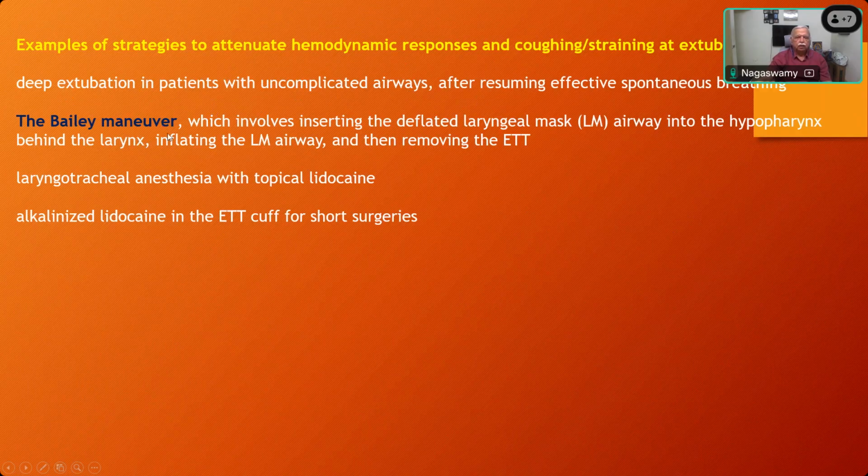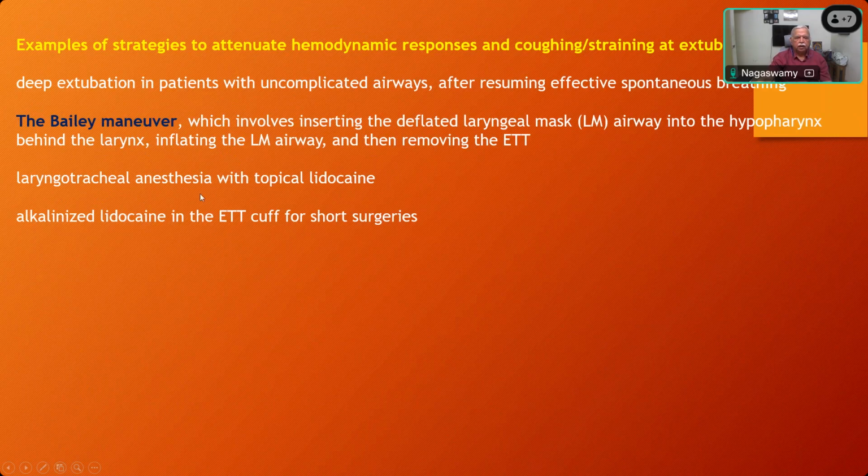And Bailey maneuver, which involves inserting a deflated laryngeal mask airway behind the endotracheal tube, and then you remove the endotracheal tube, inflate the laryngeal mask airway so that you can avoid coughing and bucking. This is mainly for neurosurgical patients where you don't want the intracranial pressure to go up.